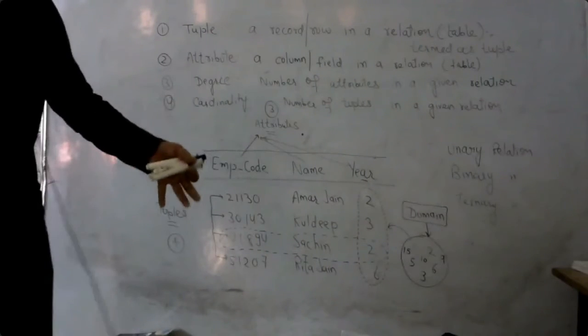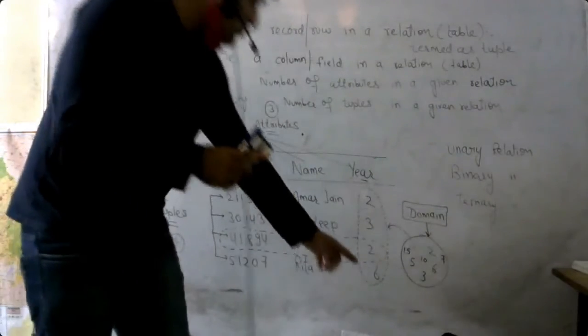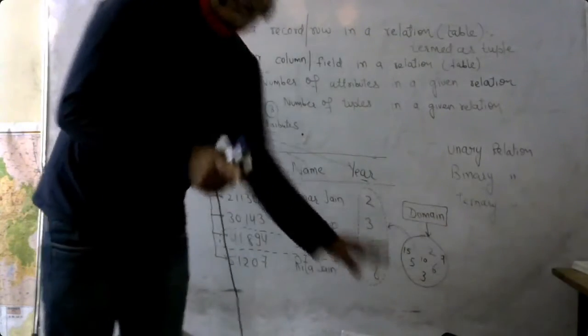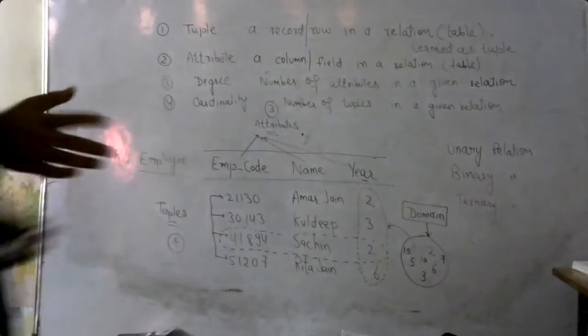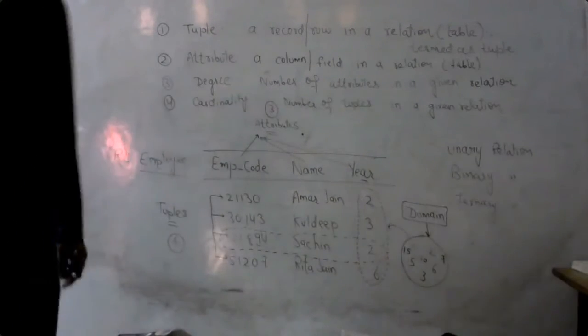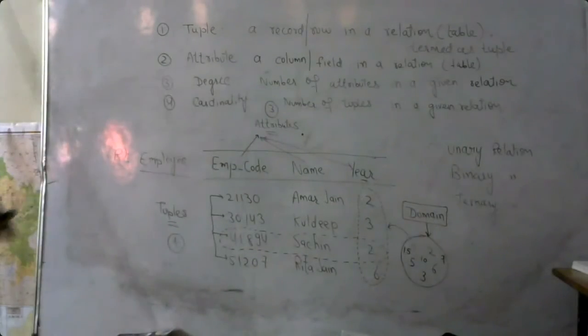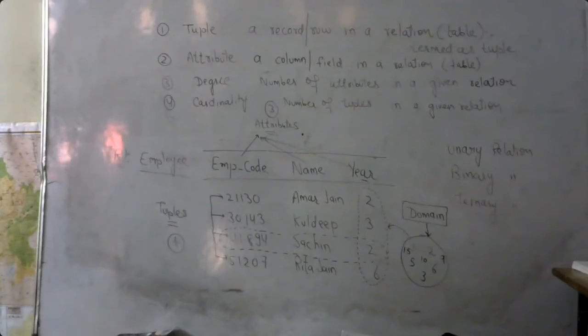A domain is a set of values from which some or all values might appear in a given attribute. That's the definition of the domain. Please note down or take a screenshot so that we can revise all the topics in today's class which we have covered.